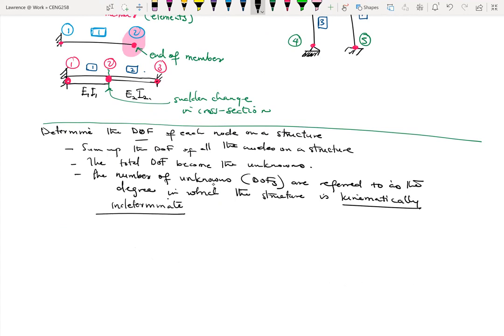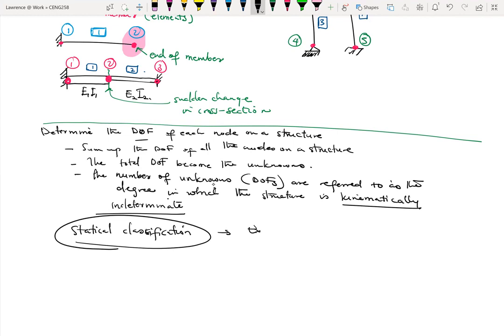Okay. So we've looked at indeterminacy already when we're looking at the basic structures, where we're focusing on the static classification of structures, right? The difference between these two has to do with the fact that with the static classification, we were focusing more on the external behavior.